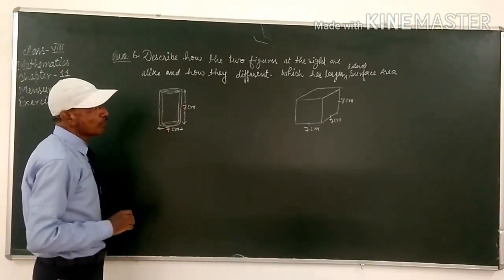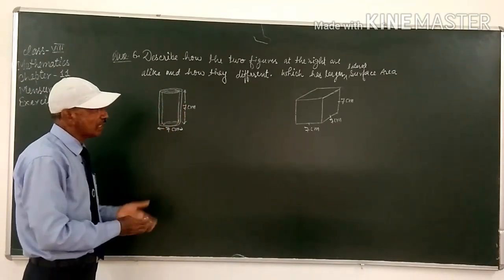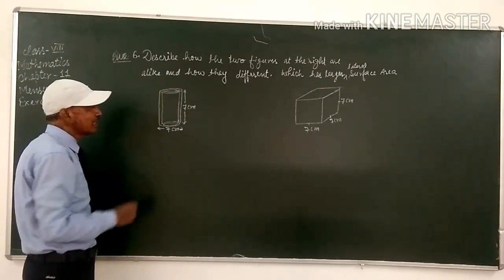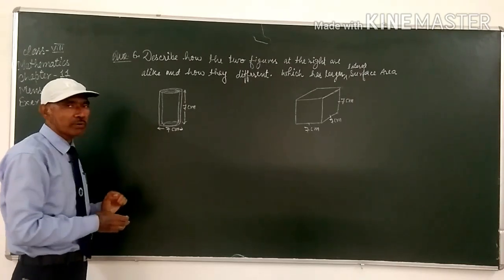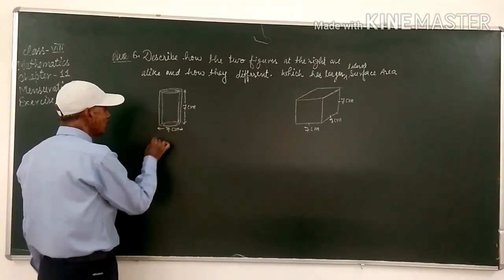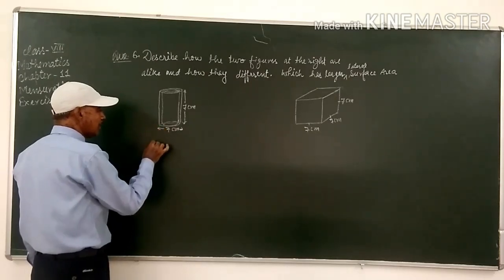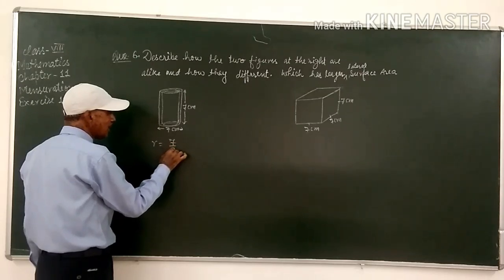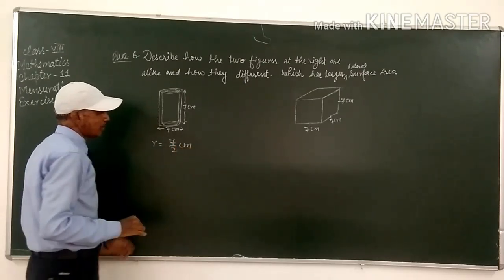And now we have to find out the lateral surface area of both the figures. So the lateral surface area of this cylindrical figure means we have to find out the curved surface area of this cylindrical figure. So what is the radius? r is equal to 7 by 2 centimeter, student.